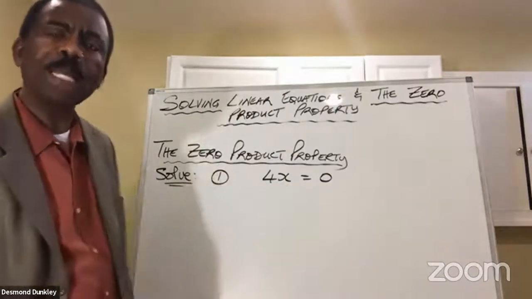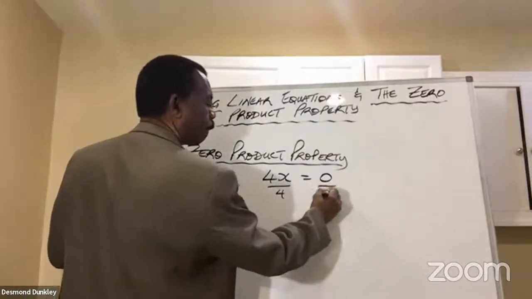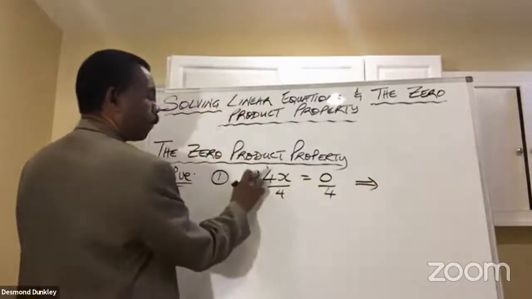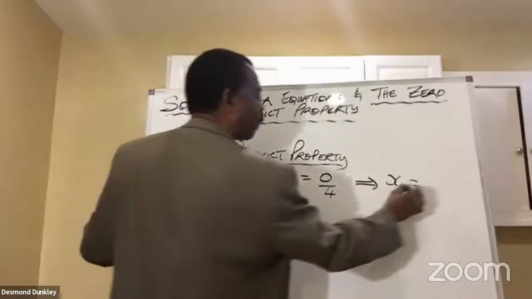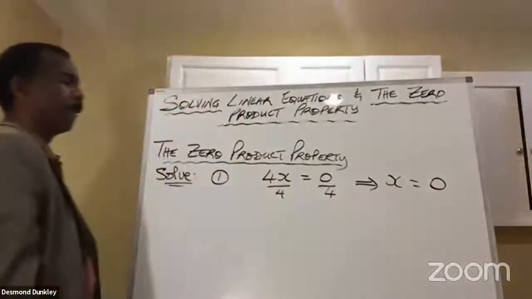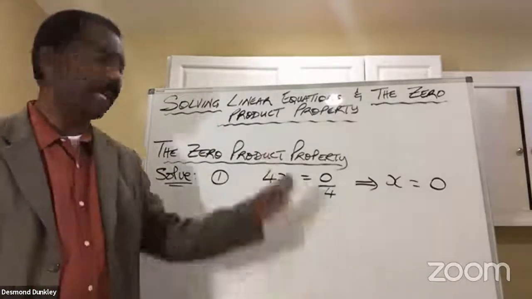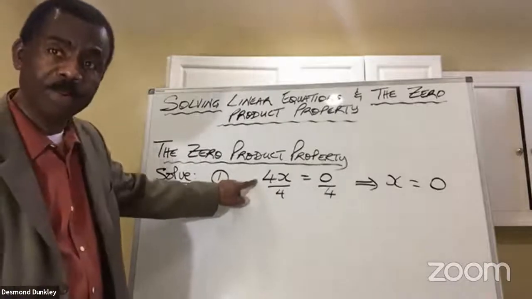And how can I prove that x is 0? Divide both sides by 4. And we end up with 4 cancels 4. We end up with x equal to 0 divided by 4, which is 0. But the zero product property tells you straight off the top that x is 0 because 4 cannot be 0.